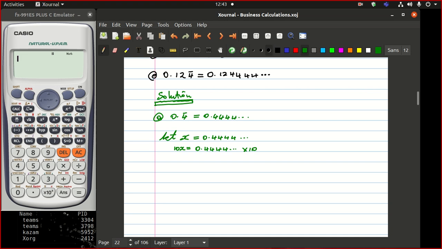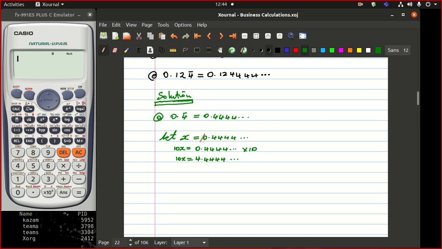So when you have one 0 here, it means you want to move this decimal point only once, because there is one 0 there. So this is saying that 10x is equal to, I'm going to move this once, so we'll end up having 4.4444, and then we have some dots there. That is what we are getting here.